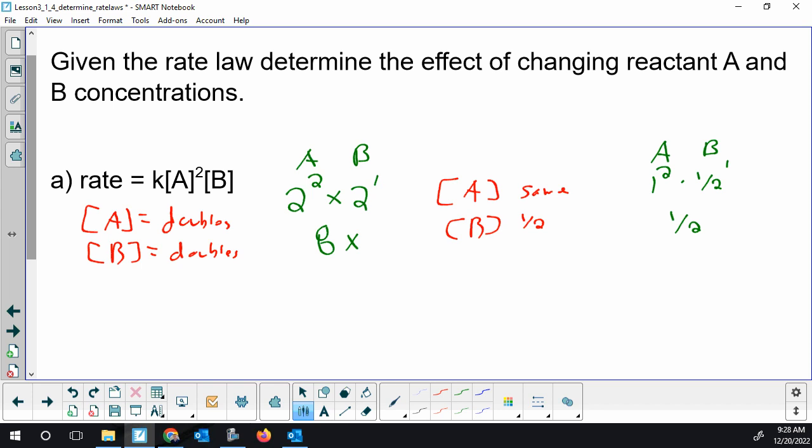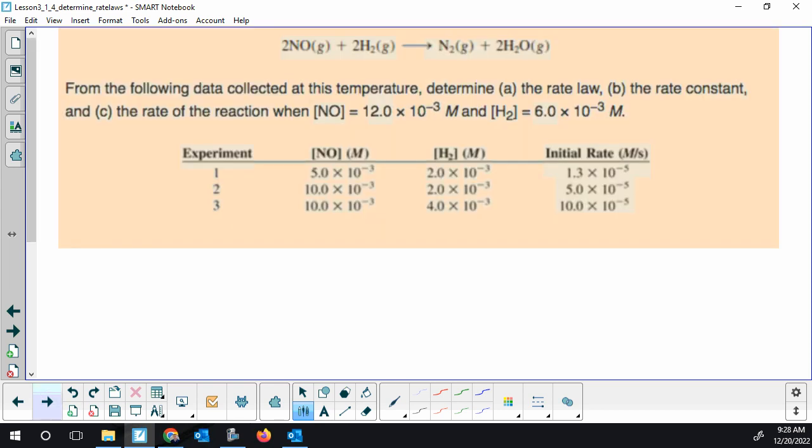So one more big question, and then I'm going to have you practice one, and then I have a little bit more to wrap things up. Okay. So we've got some data to take down. I'll just pause for a minute while you grab the key information, and then we've got 3 questions to solve. What is the rate law? That's what we did in the previous example. What is the rate constant? We didn't go and solve that before.